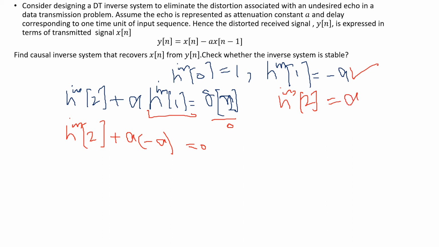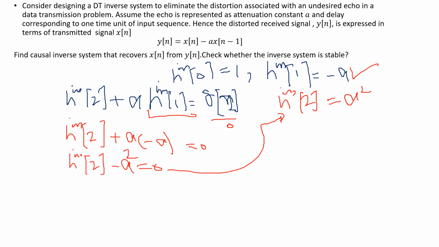You understand why plus? Because this is h inverse of 2, and this will be a into a, minus a square, equals 0. If I bring it to the other side of the equation, it will become plus.